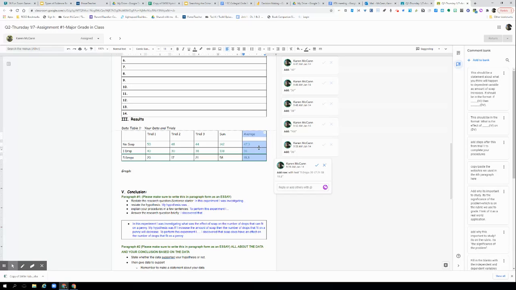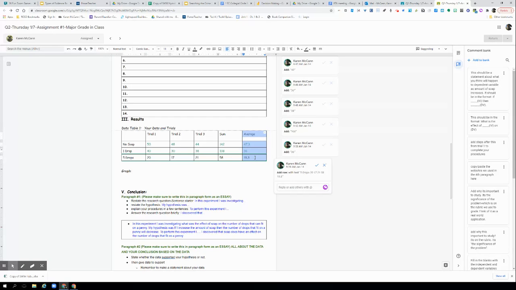So my average for no soap was 47 drops and some change. It's 47.3 technically. My average for 1 drop was 36, and my average for 5 drops was 19.3. So the first thing I'm going to think about is, okay, what's the trend?